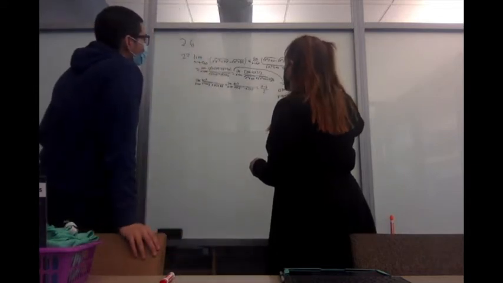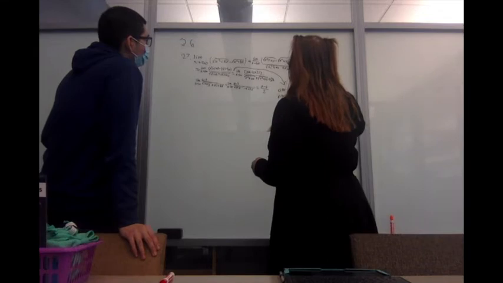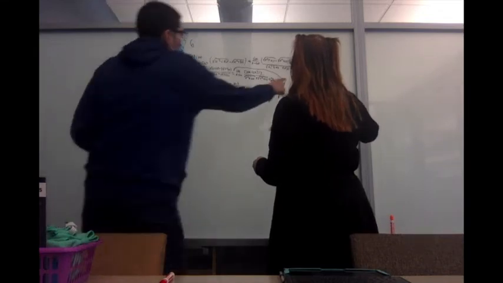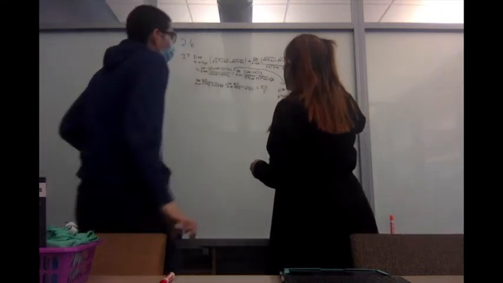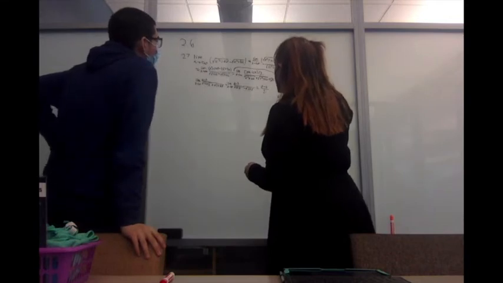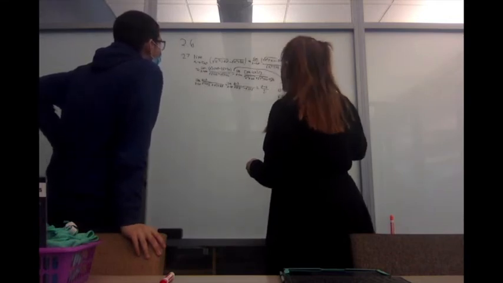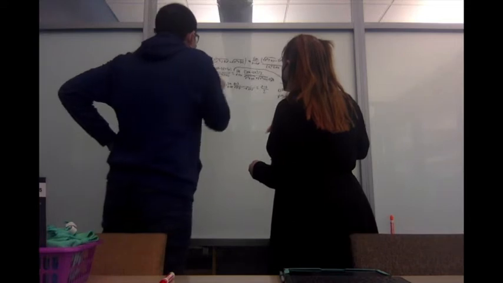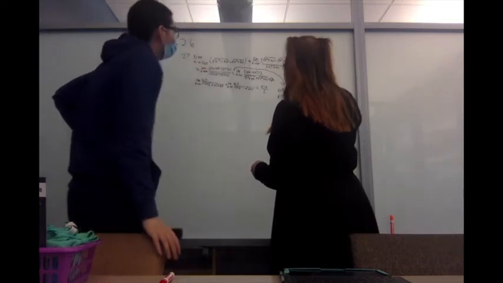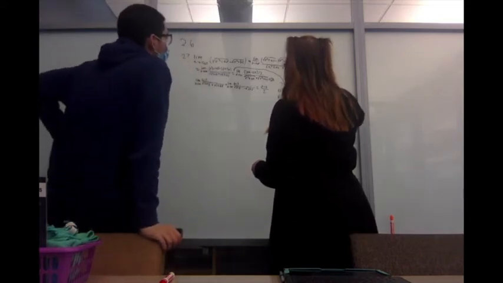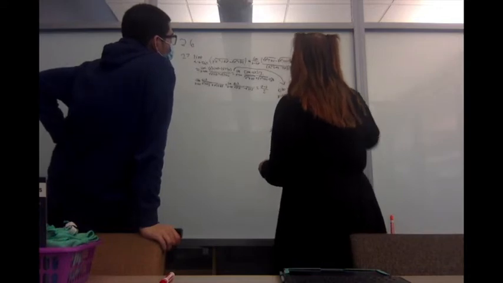Oh, did I? Sorry. Where is the parentheses supposed to be? Mainly over there. Oh, okay. I got you. Like that? Honestly, I don't know why I did that over there. So like that? Yep. Okay.